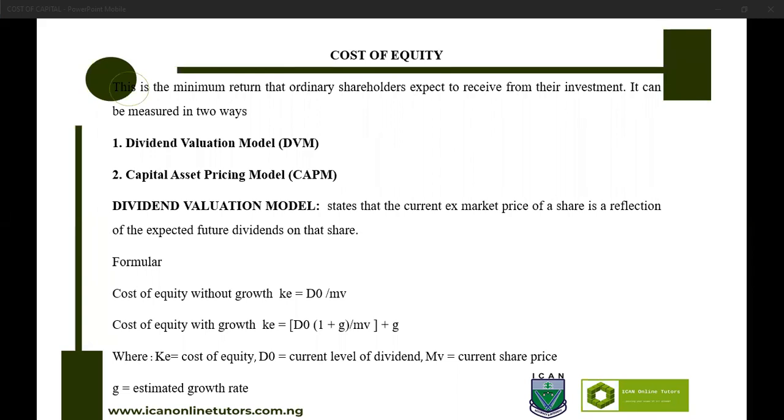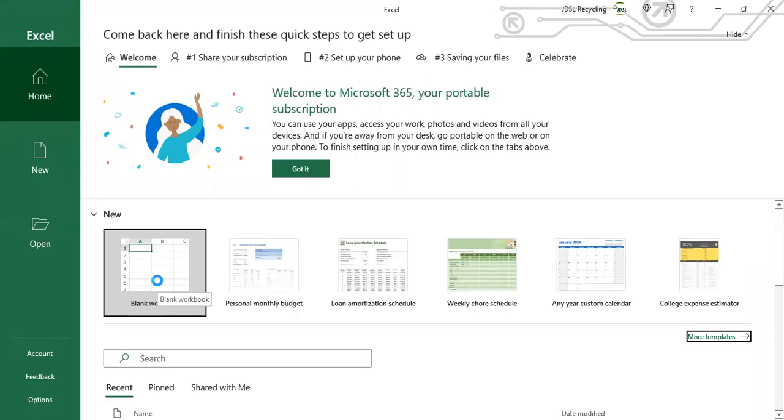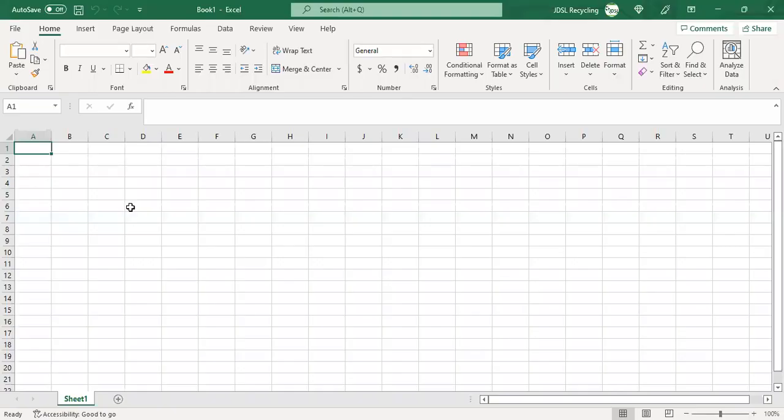Under the formula, looking at the formula, cost of equity, KE.